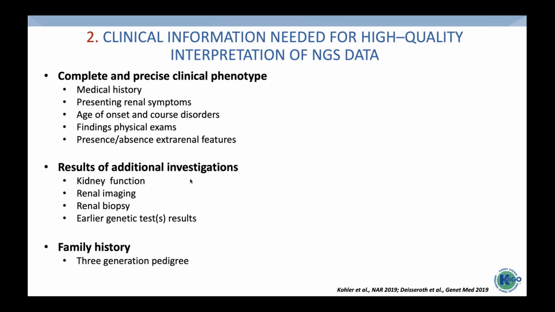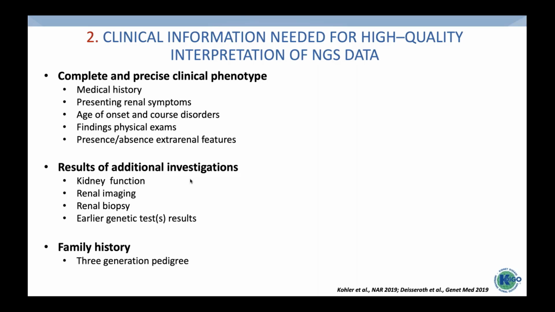Thank you, Andrew. So as Andrew mentioned earlier, it is very important that before doing a genetic test with next-generation sequencing, the input of the phenotype is actually very essential to interpret the data that come out of sequencing.